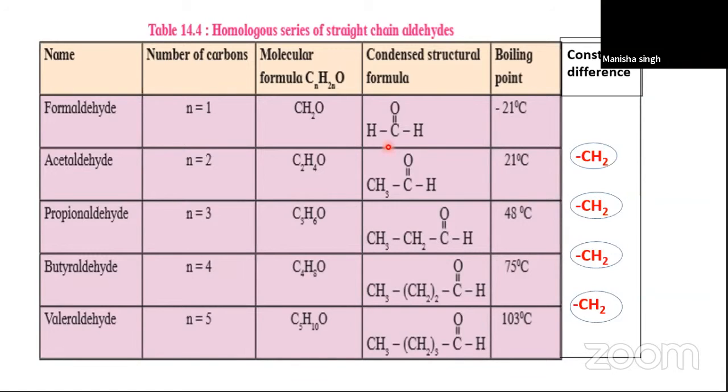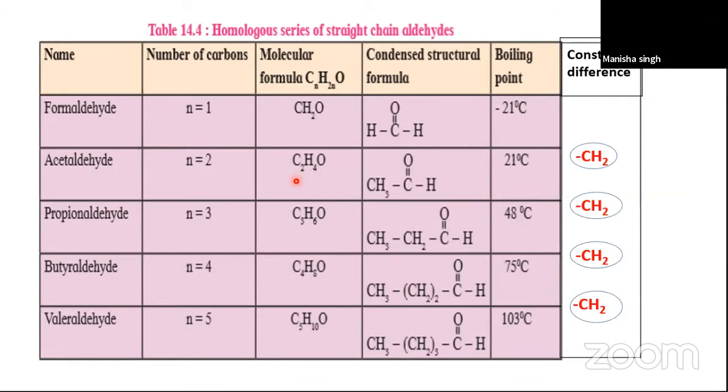Now, when we observe the molecular formula of the first one and the second one, formaldehyde and acetaldehyde, what is the difference between them? You can see acetaldehyde has 1 carbon more. So the difference is 1 carbon and 2 hydrogen, because acetaldehyde contains 4 hydrogen.